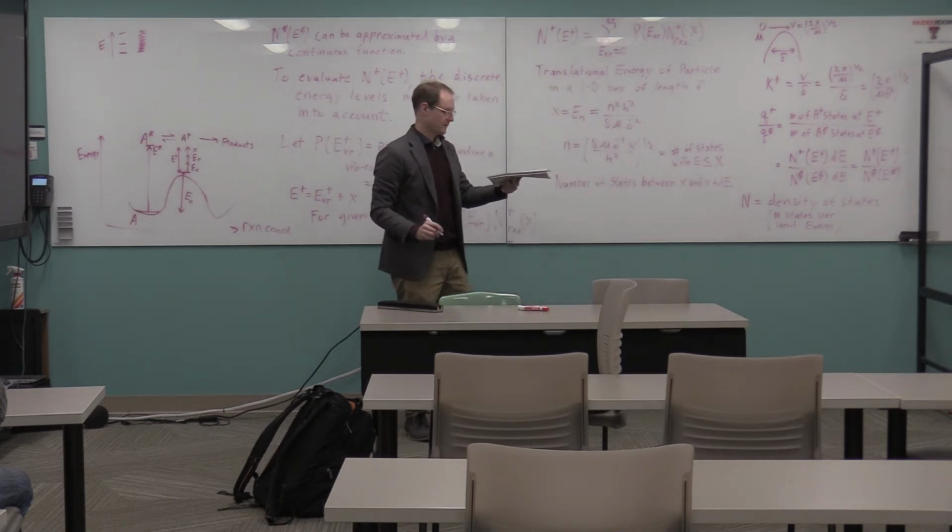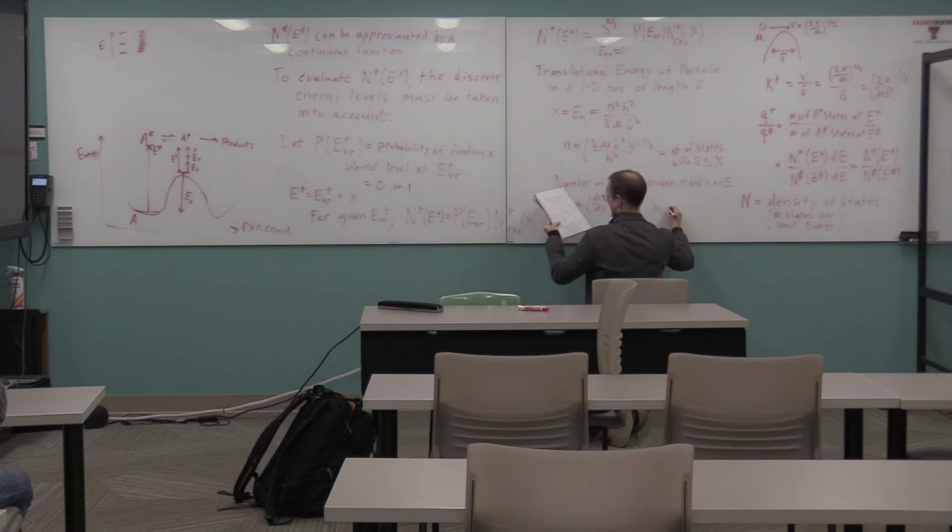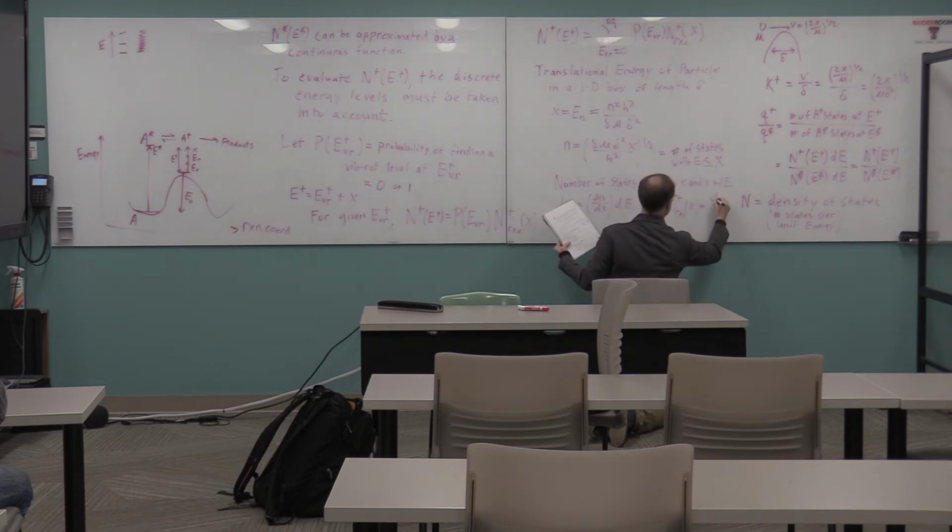Right, and so there's going to be some dn states in that interval, and it's going to be dn dx dE, right? So the density of those translational states along the reaction coordinate is just going to be dn dx.